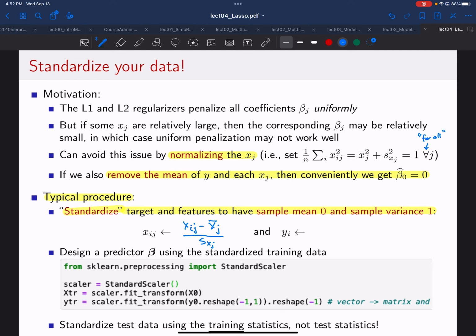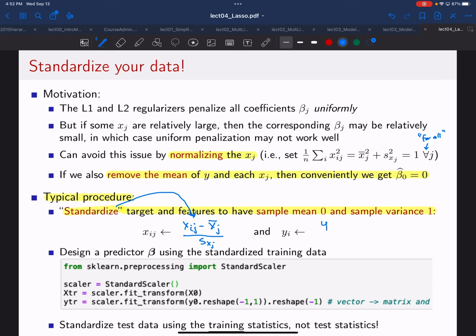So shifting and scaling. And then this arrow basically just means replace. So replace your feature data with this shifted and scaled data. So shifting and scaling together, that's what we mean by standardization. It's not just scaling, but shifting and scaling.